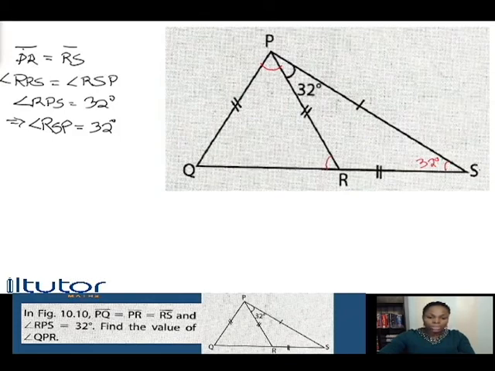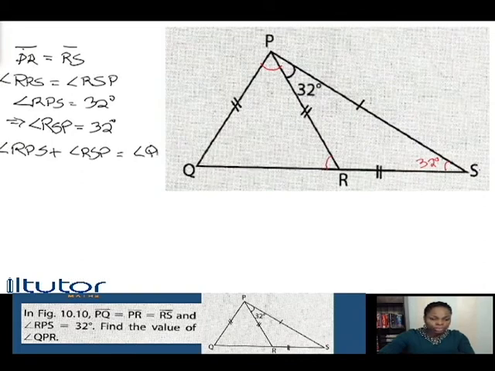So what it means is that angle RPS plus angle RSP will be equal to its exterior angle. So angle RPS plus angle RSP should be equal to angle QRP.